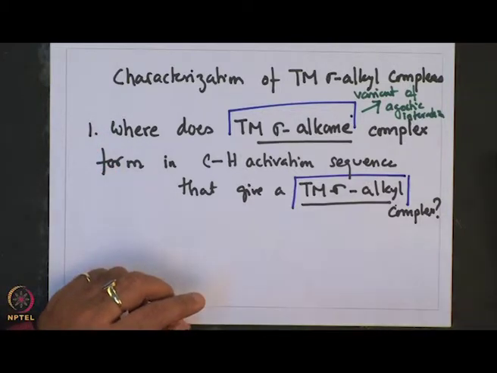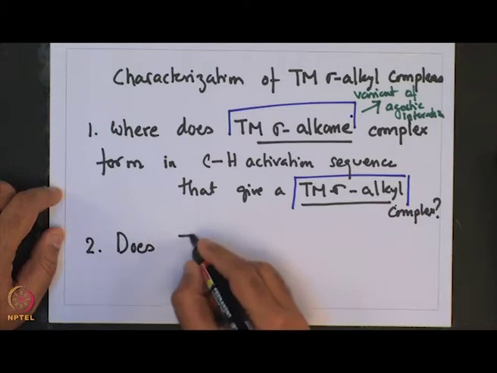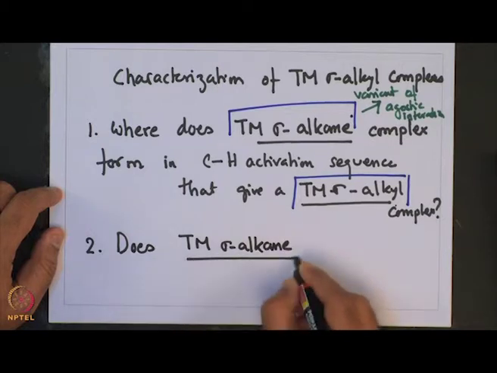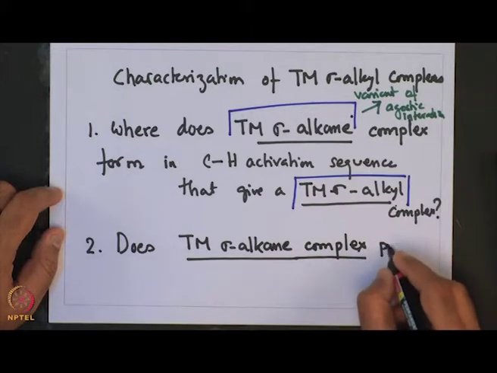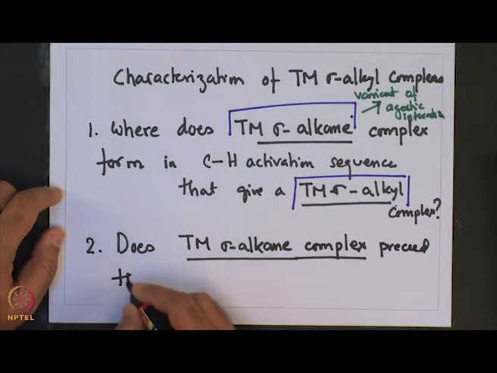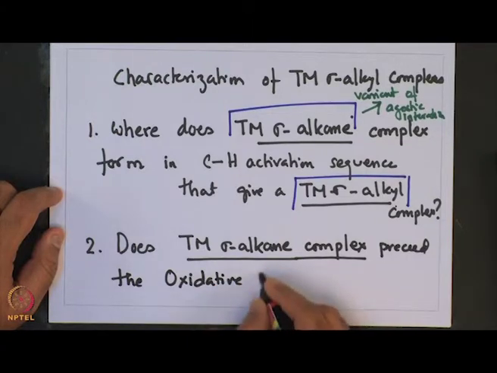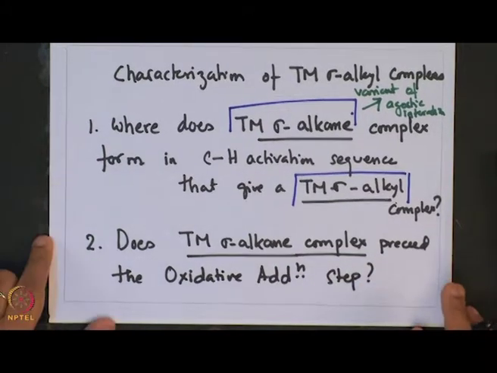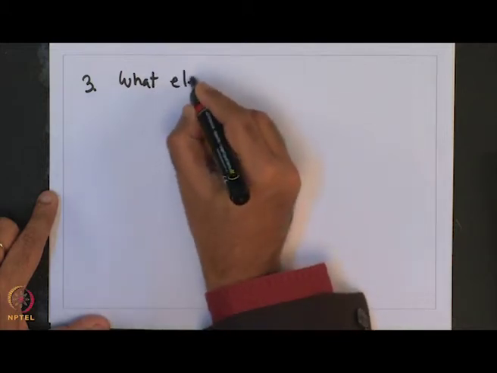Does it precede the oxidative addition step, and what electronic properties of the metal and the alkane promote the oxidative addition step?